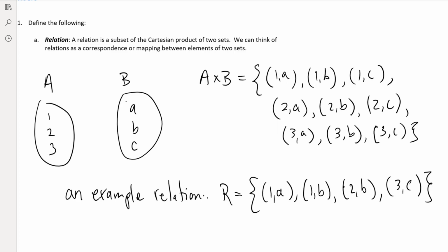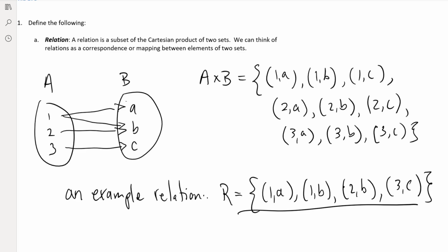So the correspondence I've just randomly chosen has 1 maps to a, and 1 also maps to b, and then I have 2 mapping over to b, and finally I have 3 mapping over to c. That is the relation here, and you can think of it as this mapping and correspondence.